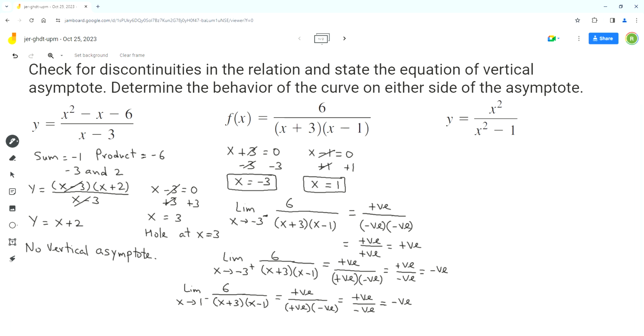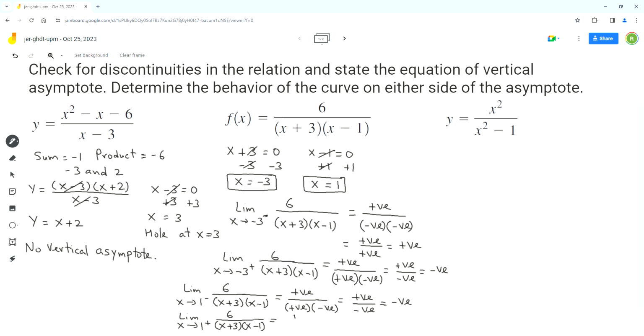Now we can analyze the behavior on the right side of 1. So 6 over x plus 3 times x minus 1. We can use a test value to the right side of 1, like 1.1.